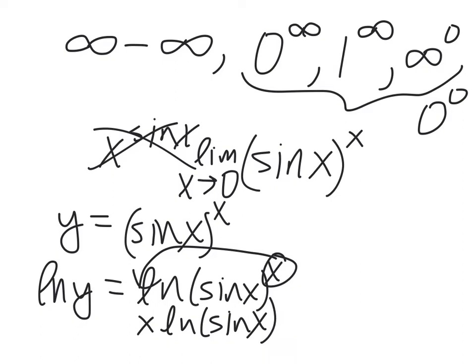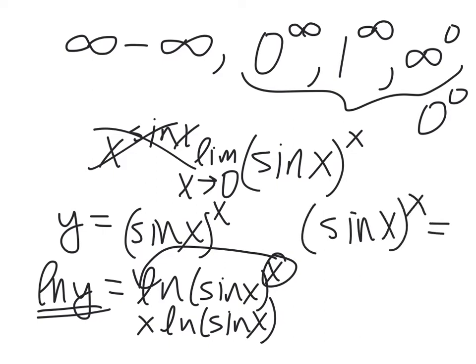Okay. Now others of you liked what Professor Berger did with, instead of changing the entire equation, he just said, well, this sine of x to the x, change that to e to the natural log of this inside.